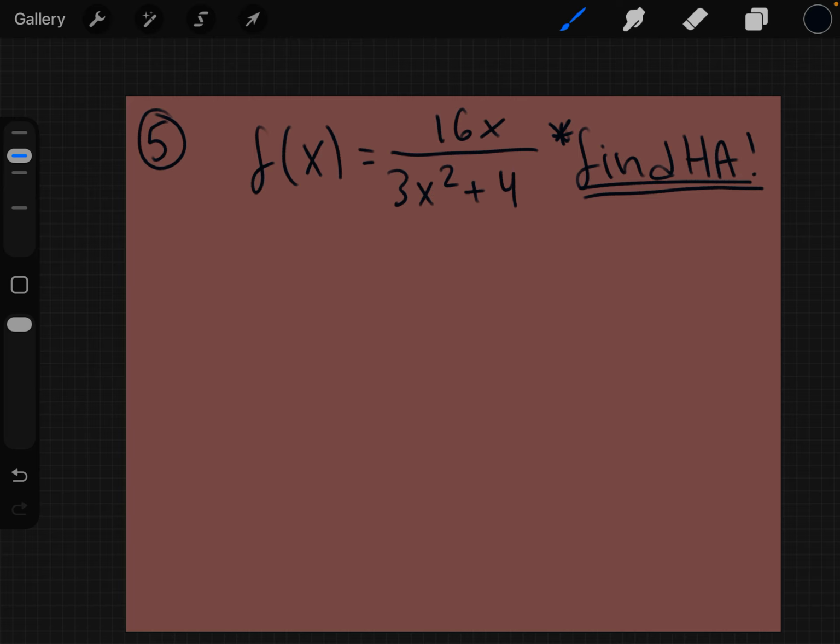Okay, horizontal asymptote's the easy one in my opinion. We look at our exponents. On top we've got x, so that's an exponent of 1. And then we've got x squared on the bottom, so that's an exponent of 2. 1 is less than 2, and when n is less than m, it's always y is equal to 0. That's the answer.